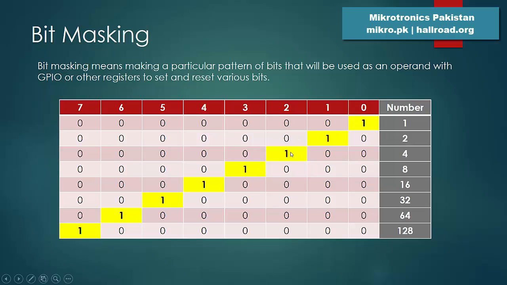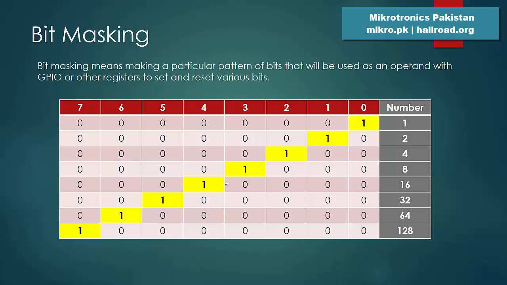Then if the second bit is to be turned on and all other bits are 0, this becomes 4, then 8, 16, 32, and so on. So in the entire word, whether 8-bit, 16-bit or 32-bit, whatever mask you want, you set only one particular bit as logic 1, and that bit will be used as a mask.